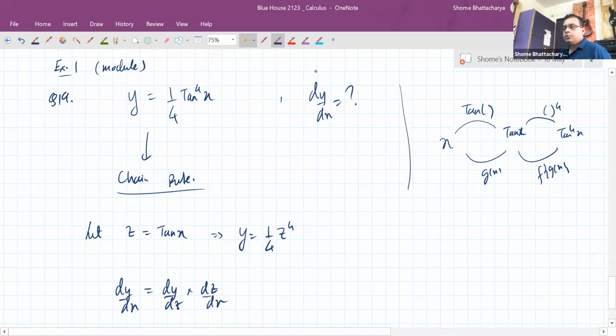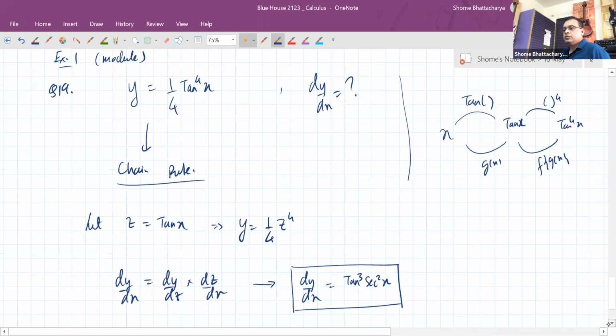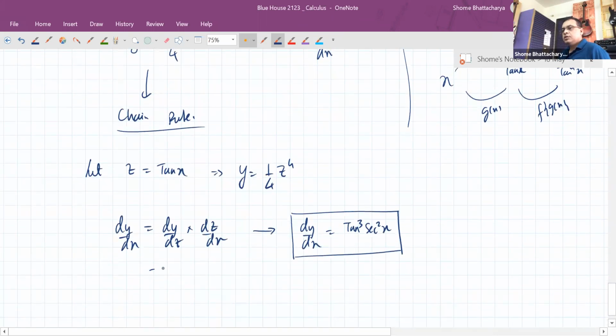Okay, people, so I hope you have finished solving this, all of you. In this, we should get dy by dx as tan cube x into sec square x. Finally, when you substitute here, this is what you should get. So this will become z cube into sec square x, and that's how that will become this.